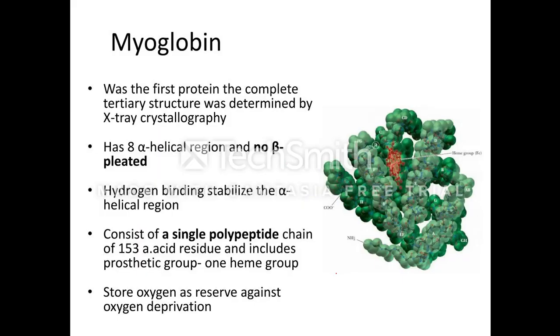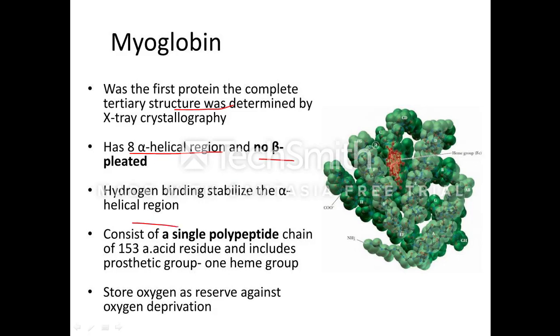The best example of the tertiary structure is the structure of myoglobin. Myoglobin was the first protein whose complete tertiary structure was determined by X-ray crystallography. It has 8 alpha helical regions and no beta pleated sheet. Hydrogen bonding stabilizes the alpha helical regions.